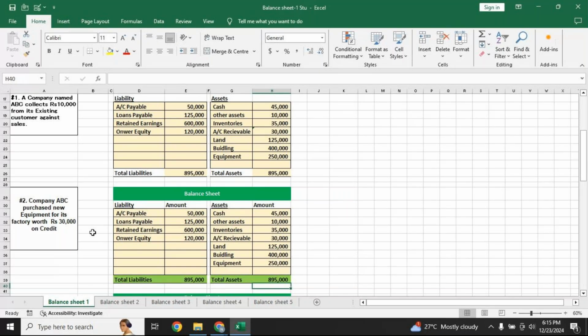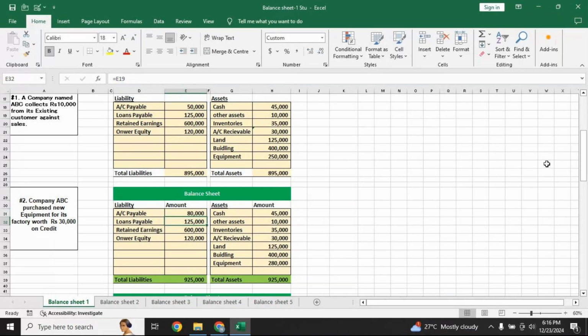On credit in the sense the equipment will be getting added. So equipment I'll make plus 30,000. They are telling it on credit, so how much am I supposed to pay? Here account payable, I'll make plus 30,000. Both sides the amount should get tallied.